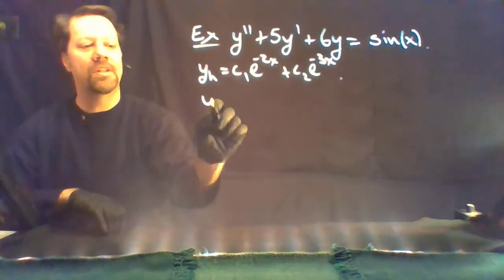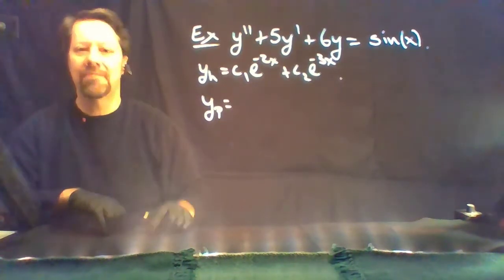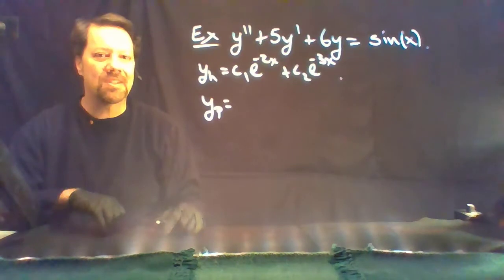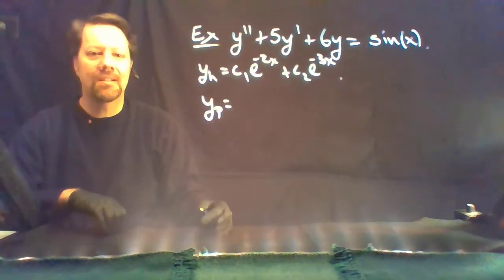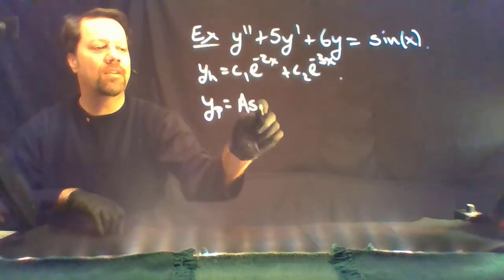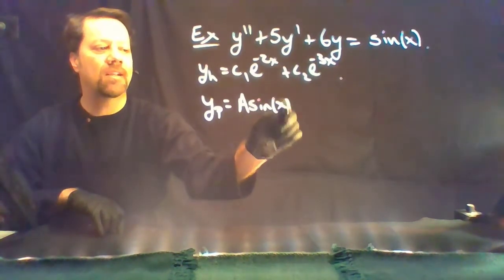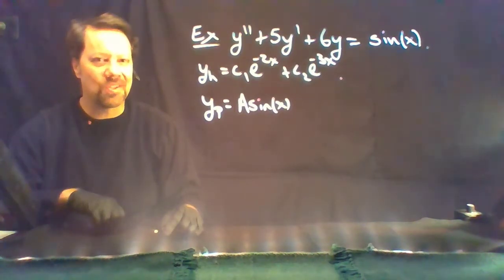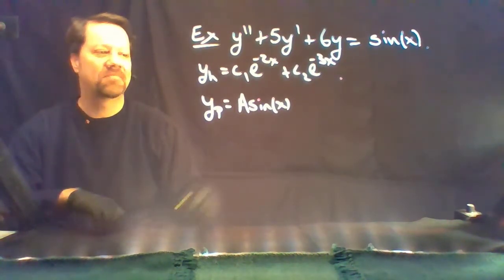The only question is, what is a good guess for the particular solution? Again, I ask my students this question, what is a good guess? And they often tell me that a good guess is a constant times sine of x. As you'll see, this also is a bad guess.